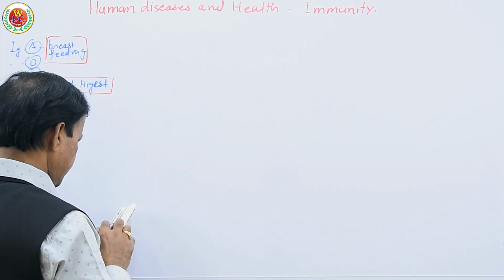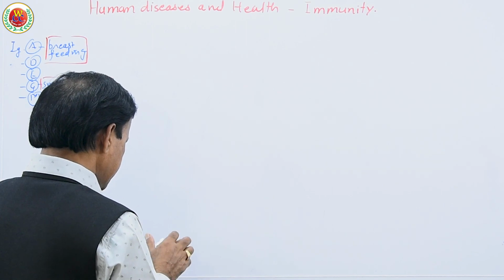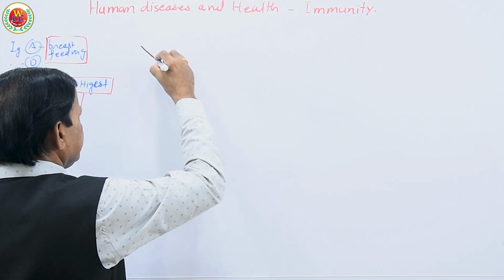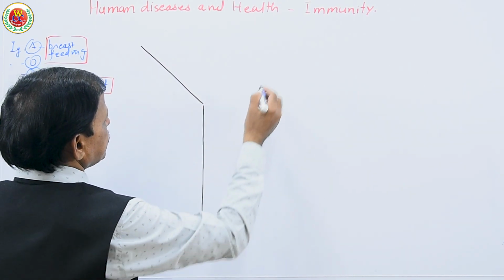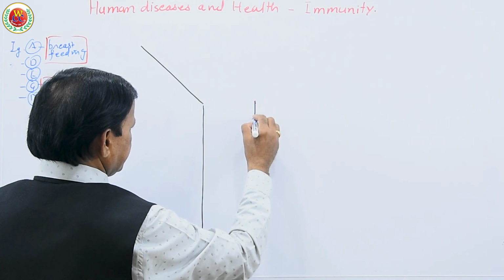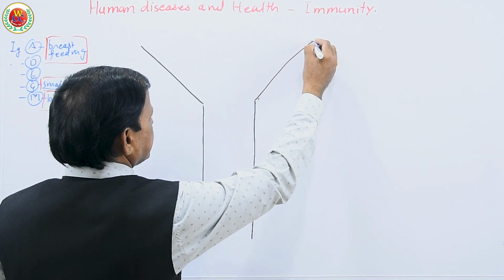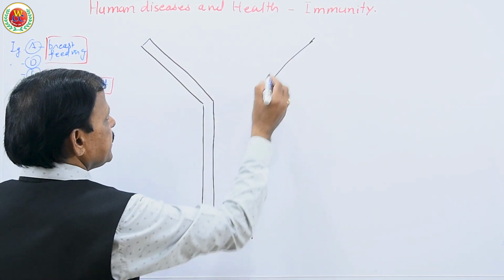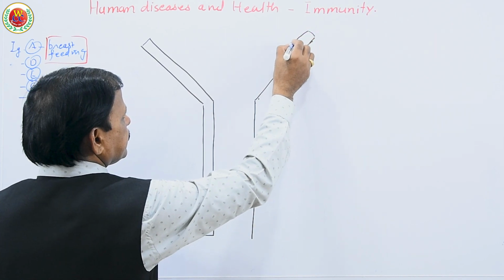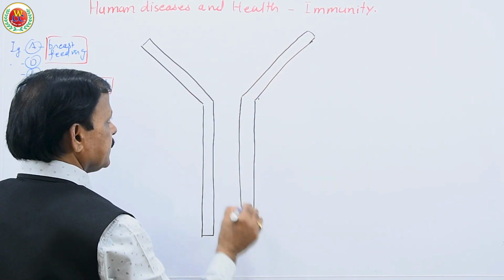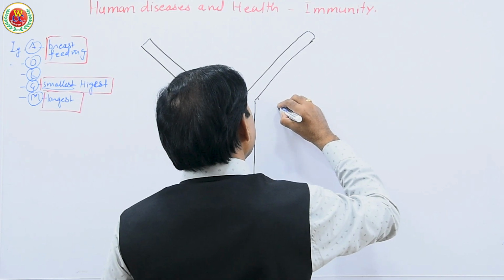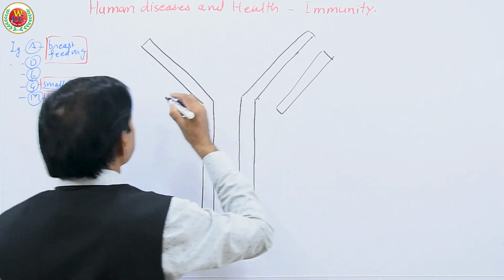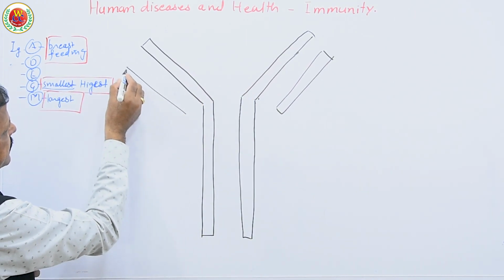So see, the general structure of antibody, or cartoon of antibody, consists of two heavy chains and two light chains.